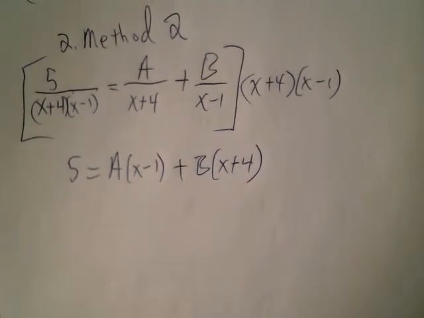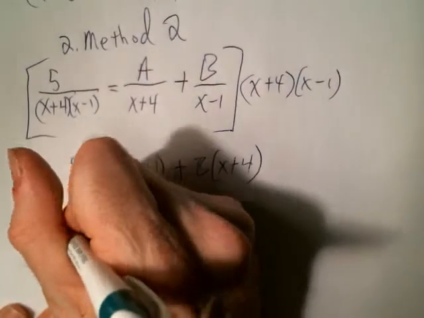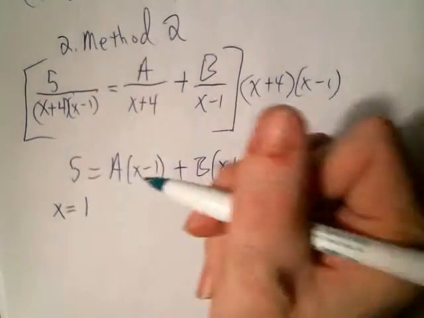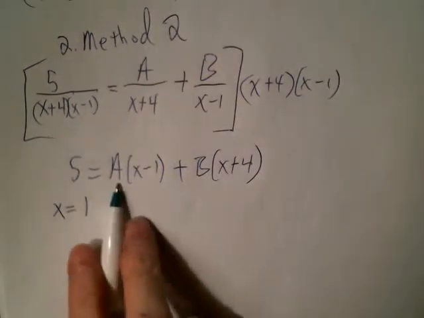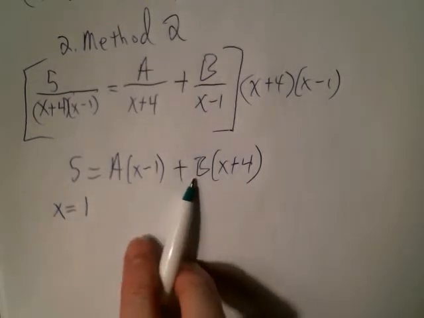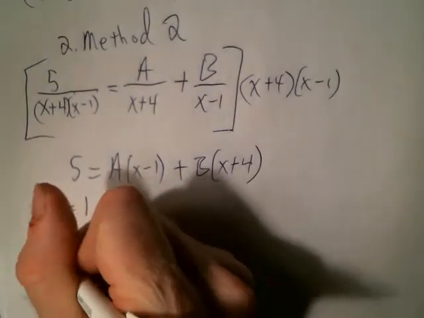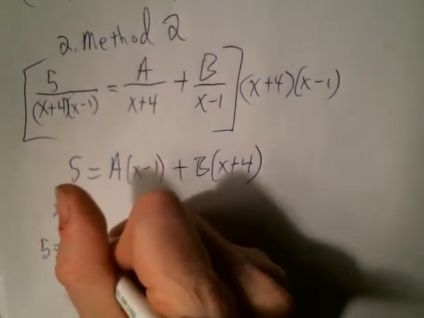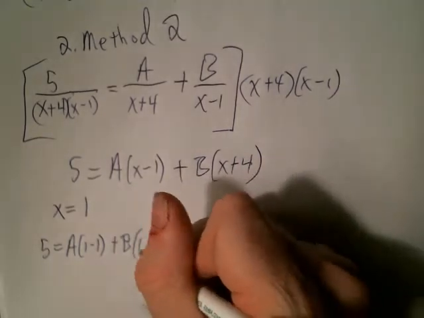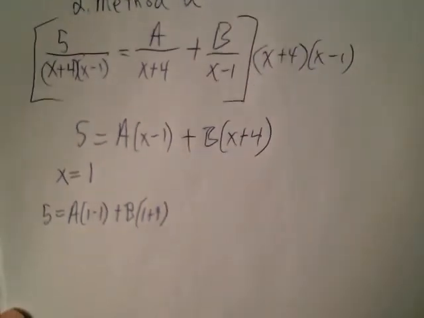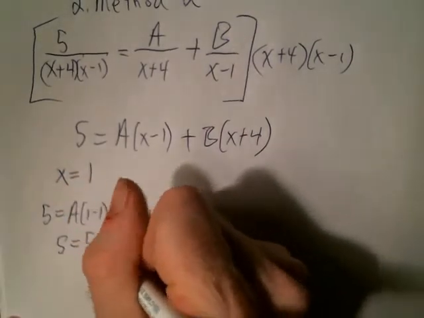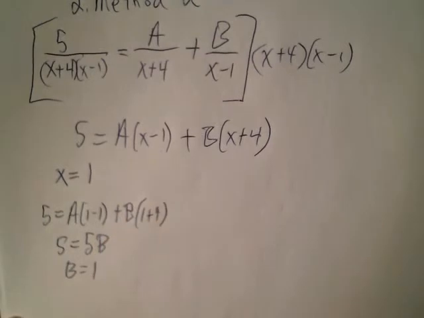And then what you do is just clever substitutions in order to eliminate the big variables. If you let x equal 1, you're going to eliminate A, and you'll be left with an equation in terms of B. So you have 5 equals A times 1 minus 1 plus B times 1 plus 4. 1 minus 1 is 0, so 5 must equal 5B, and then B is equal to 1.